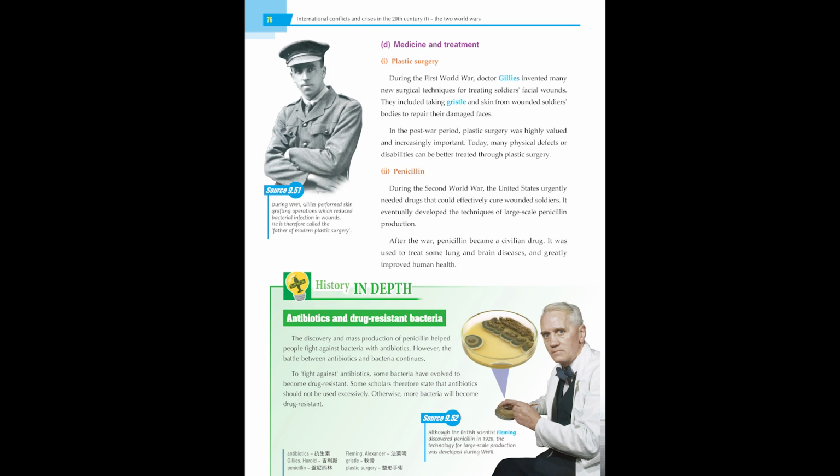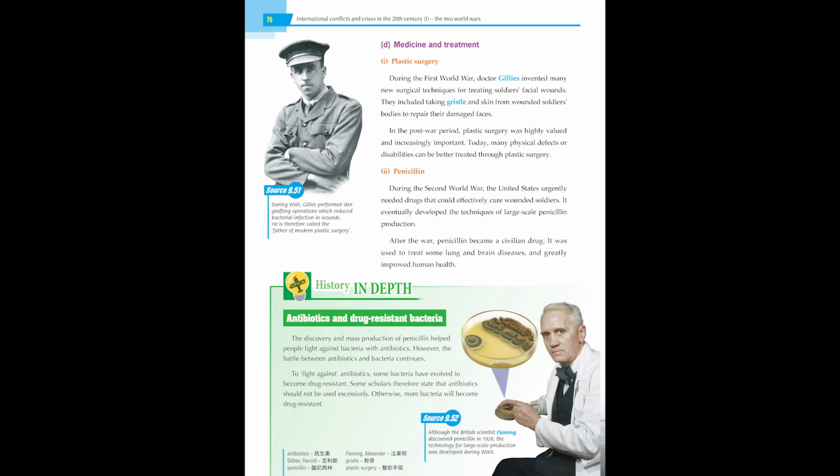History in depth. Antibiotics and drug-resistant bacteria. The discovery and mass production of penicillin helped people fight against bacteria with antibiotics. However, the battle between antibiotics and bacteria continues. To fight against antibiotics, some bacteria have evolved to become drug-resistant.